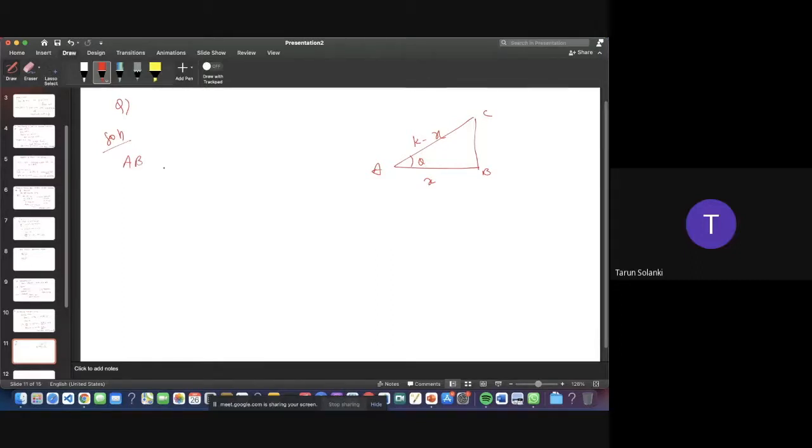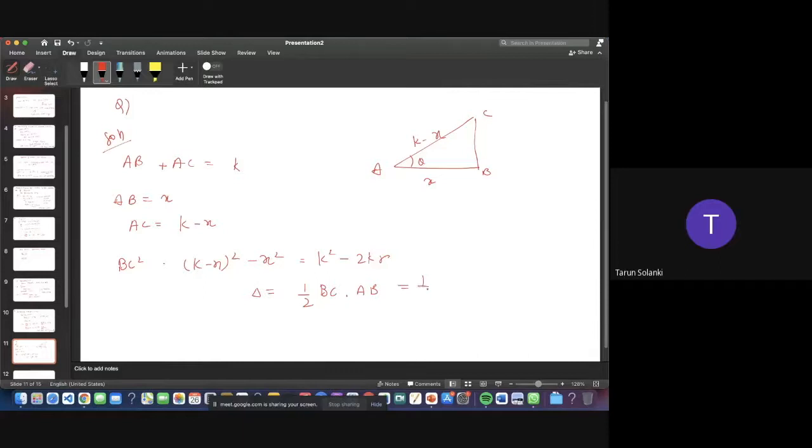So AB plus AC is equal to k. So AB is equal to x, then AC is equal to k minus x. So BC square will be (k minus x) square minus x square, which will be k square minus 2kx. Right? So area of triangle will be half of BC into AB.